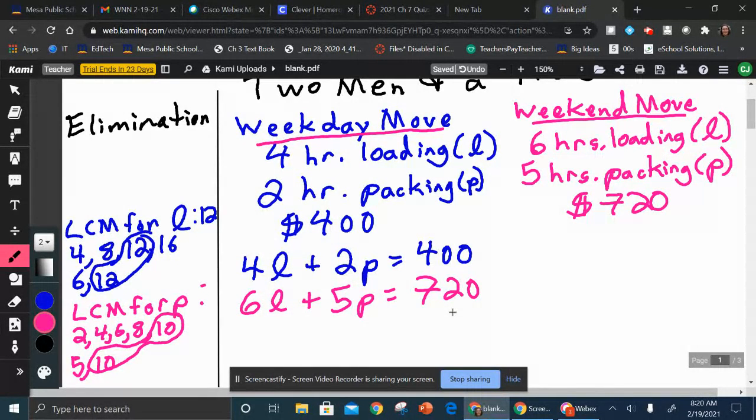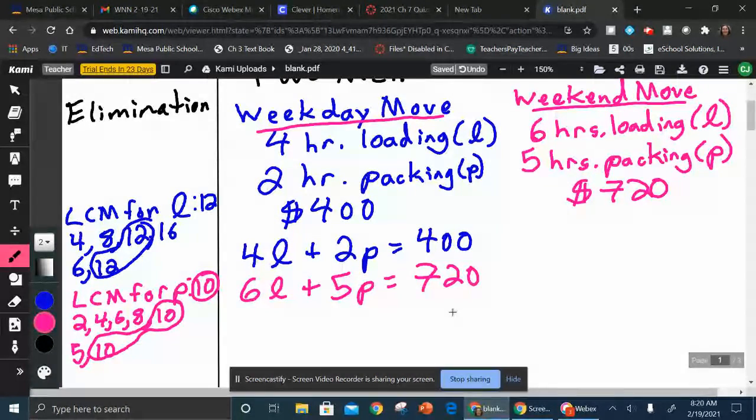So for packing, it's going to be the number 10. So 2 times 5 is 10. Okay, so we're going to use some different numbers.